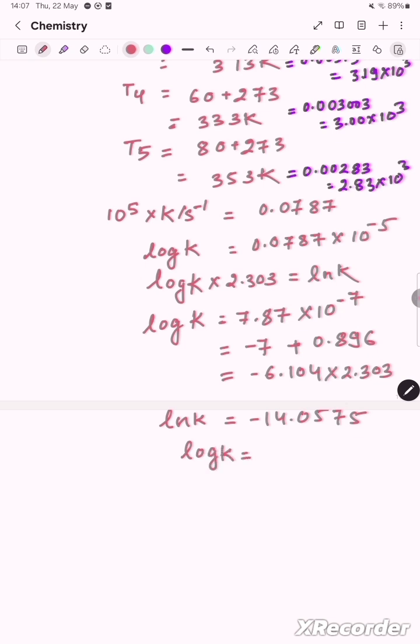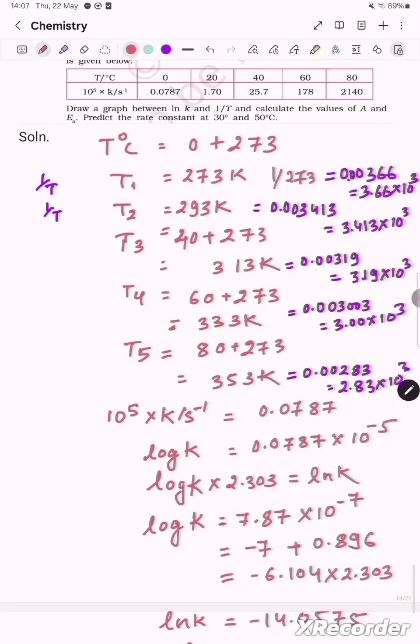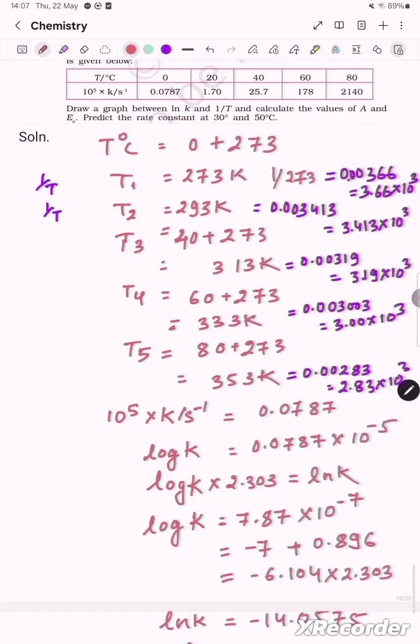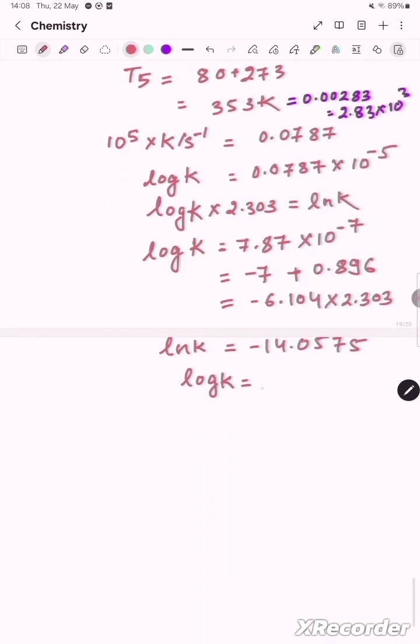Now the next log k value is this 1.70 multiplied by 10 to the power minus 5. Again it will become minus 5 log 10, that is 1, plus 0.2304.